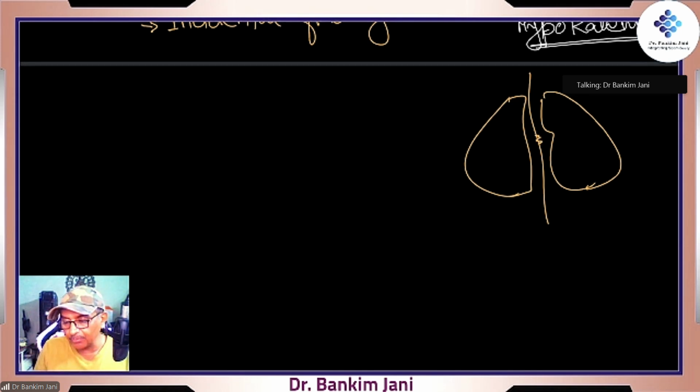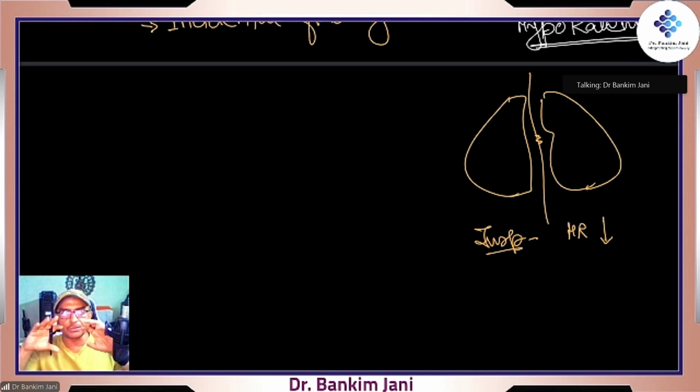When this is stimulated, you'll find that the heart rate slows down with inspiration. When there is expiration, the lungs collapse, so now the vagus is not stimulated. When the vagus is not stimulated, the SA node picks up and the heart rate is increased. So these are normal variations, increase and decrease. That's why our heart rate keeps on changing.